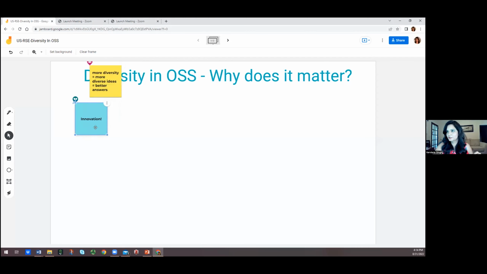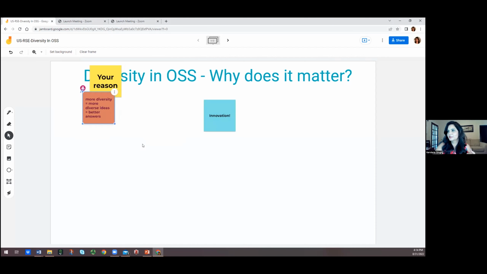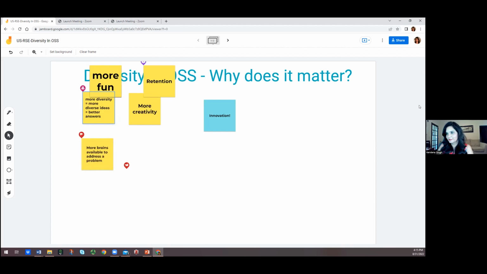So innovation: more diversity is equal to more diverse ideas and better answers. Perfect. More creativity. Yes. Different perspectives. Absolutely. More fun. Yes. More brains available to address a problem. Yes. With enough eyeballs, all bugs are shallow. Retention.